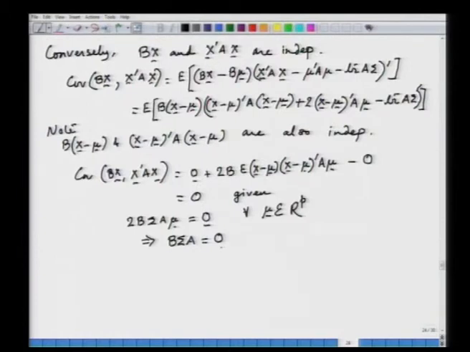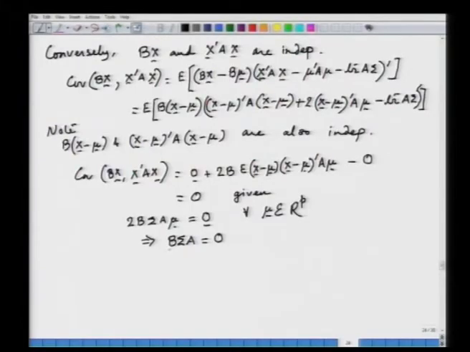So this is what we wanted to prove: if the linear form and the quadratic form are independent, then the associated matrices satisfy a relationship. B is the associated matrix of the linear form, sigma is the covariance matrix of the random vector x, and A is the associated matrix of the quadratic form, and together B sigma A is a null matrix. This completes the proof.